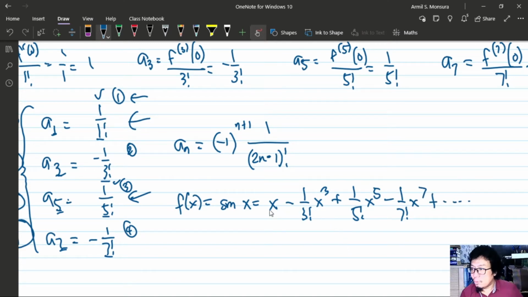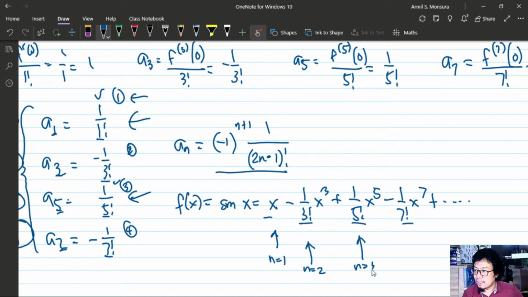Now, the coefficients are already given here. What we just need to do is to multiply this with the powers of x. And as you can see, if this is your first term, this is your n equals 2, this is your n equals 3. As you can see, the exponents actually follow the same pattern as that of your denominator here.